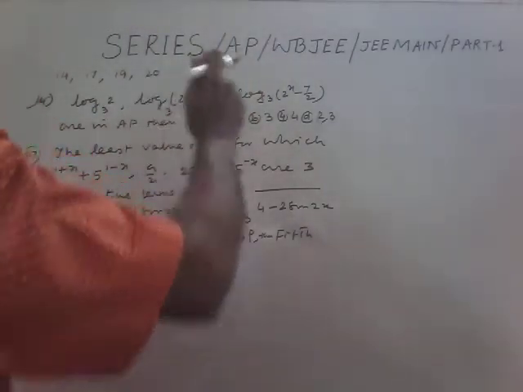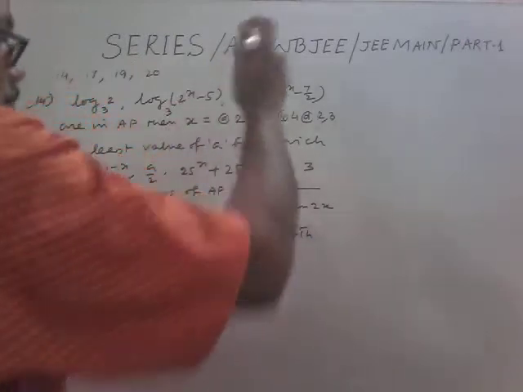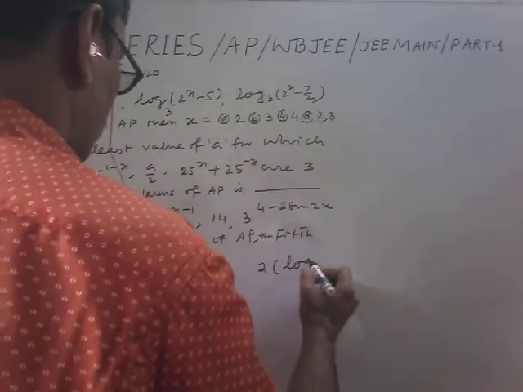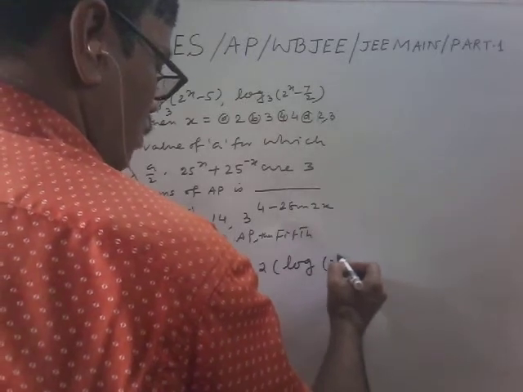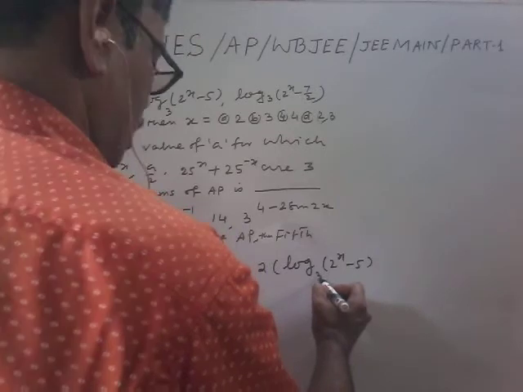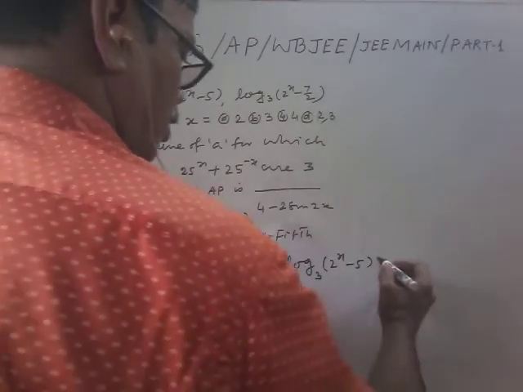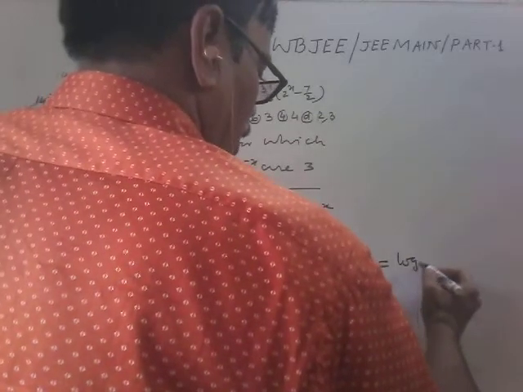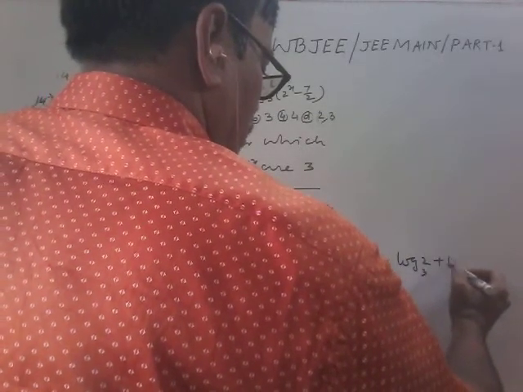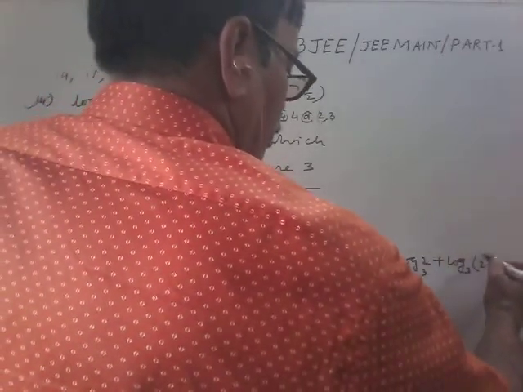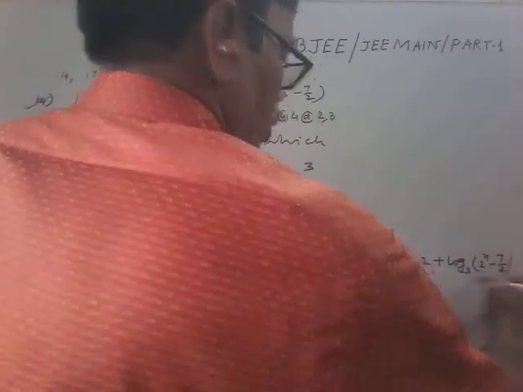So they are in AP, therefore twice the middle term. So 2 into log of 2 to the power x minus 5 base 3. So twice of this equals the first term plus the last term: log 2 base 3 plus log of 2 to the power x minus 7 by 2 base 3.